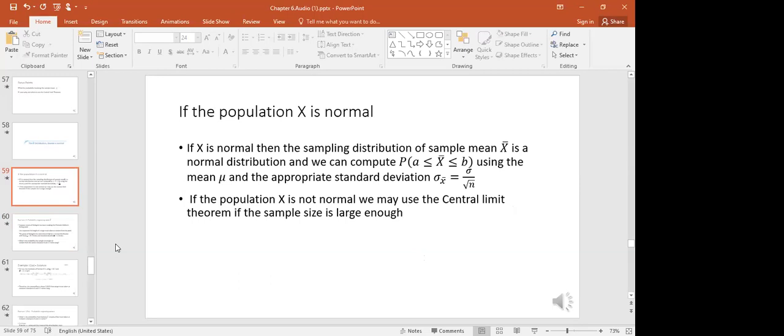Essentially, what you want to retain from here is that in order to use the normal distribution for the sample mean, either you should check that the population is normally distributed, or you should see that the sample size is at least 30. When one of those two conditions is met, you can use the normal distribution for the sample mean.